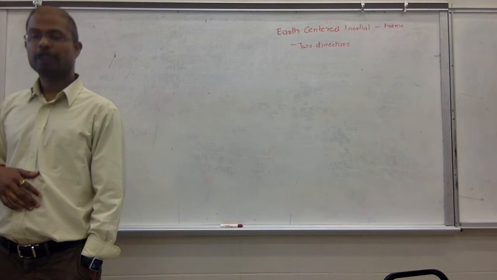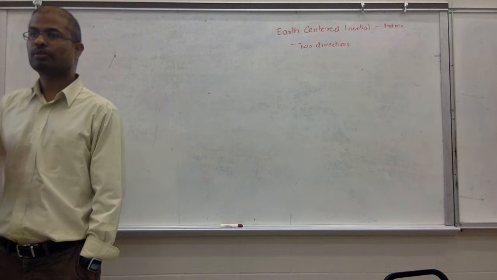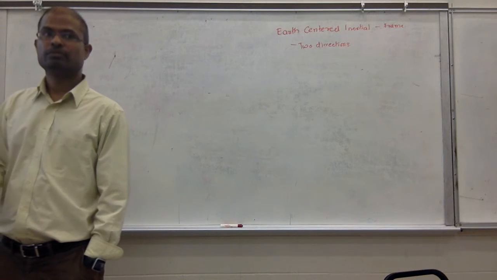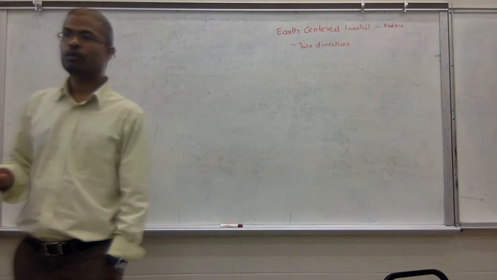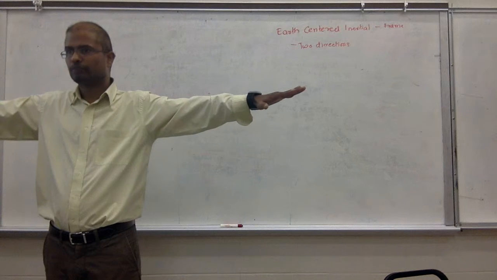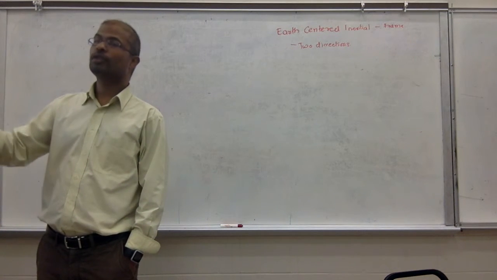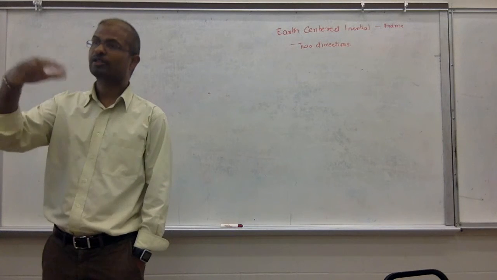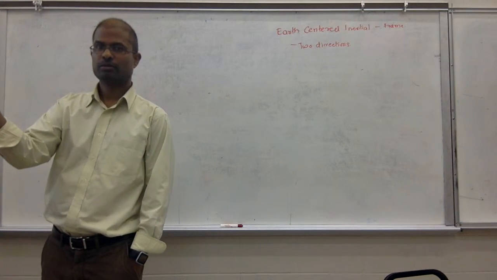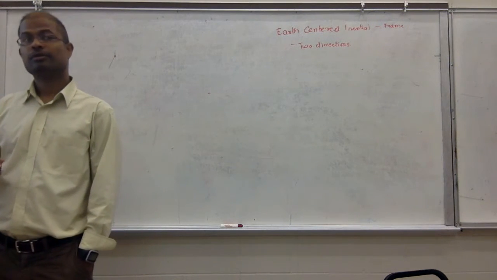You should not say 0 degree declination because it's a plane. You're right in some sense, but one is an angle, one is a plane. The equatorial plane is from where the 0 degree declination is measured. Okay?